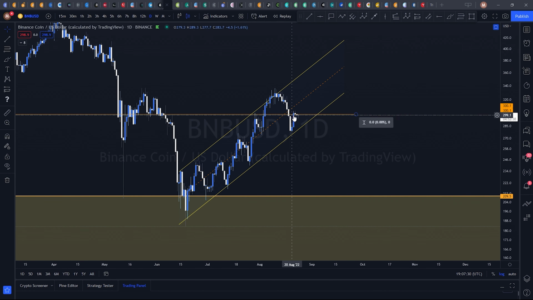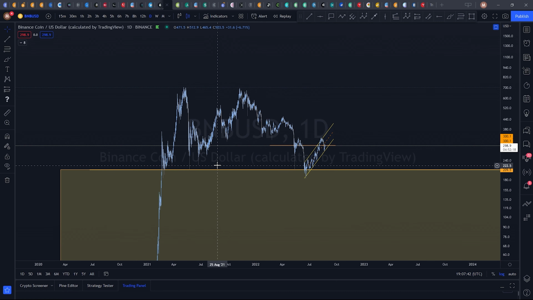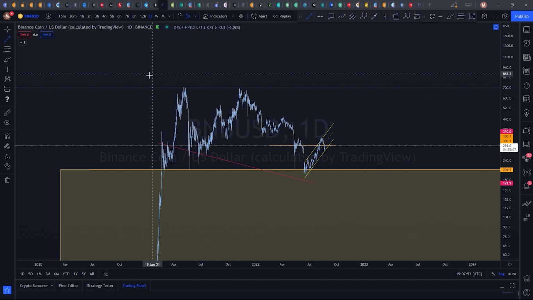BNB. Yeah, I think BNB is getting crushed under resistance, under support. Could end up just dropping from here. BNB is another one of those head and shoulders. Well, not really. Huh. It's kind of weird. I thought it was. No, it's some weird structure with BNB. Let's see what we got here.